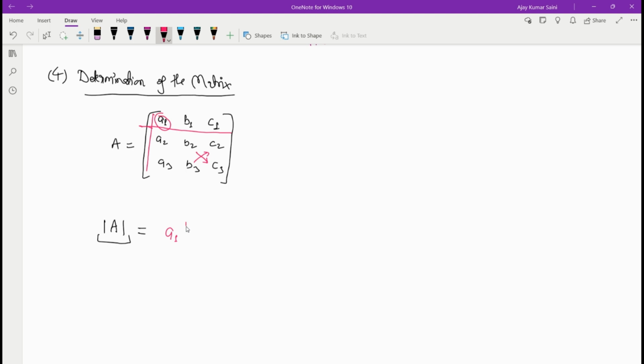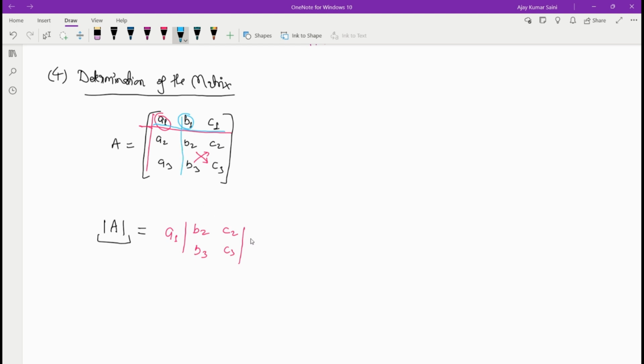b2, b3, c2, c3. After this I can multiply, but I add this step to clarify all the things simply. After this, take common b1. Now this is the row and this is the column.